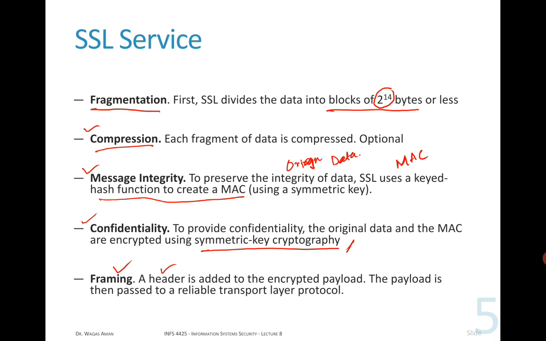Payload means the data you have protected here, and then the payload is passed to the reliable transmission layer protocol. Reliable transmission in networking is TCP, remember, because it creates a session for you, and the session provides reliability. So it makes use of the TCP protocol later to transmit the SSL packet.